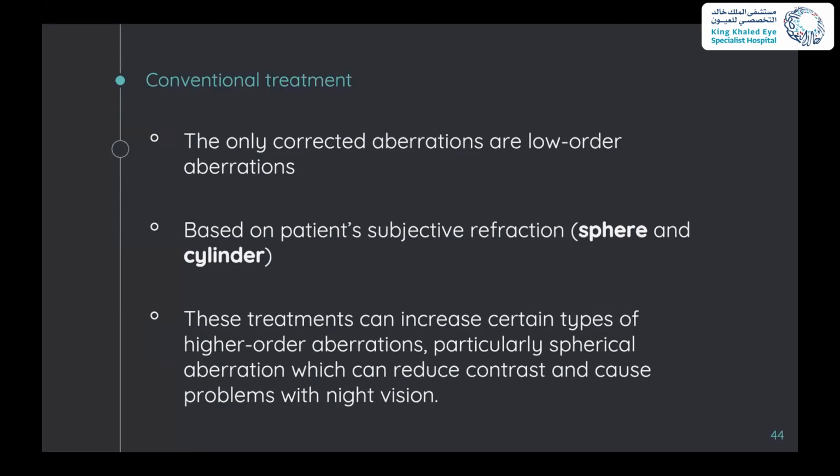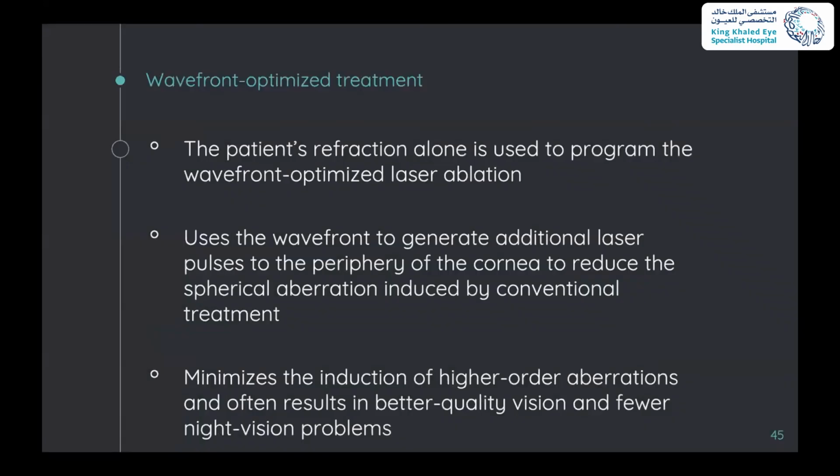The problem of this kind of treatment profile is it can induce a certain level of high order aberrations, specifically spherical aberration, which will lead to, of course, reduced contrast, halos and difficulties in night vision. Then the Wavefront-optimized treatment, which again only uses the patient refraction, uses the wavefront to generate additional laser pulses.